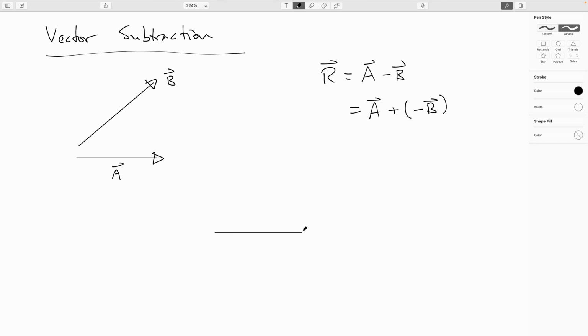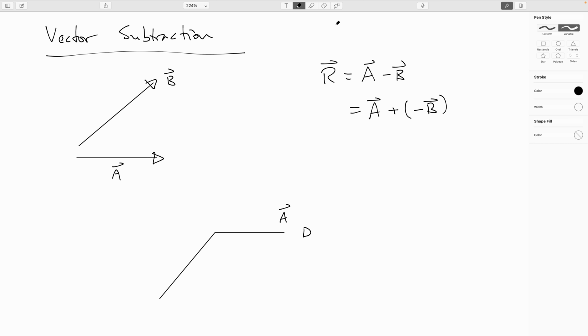So you would make another vector A, like so. But now I'm going to add to it a vector negative B. So that's just a vector same length as B. Whoops, I made my A too long. Let's try that again.